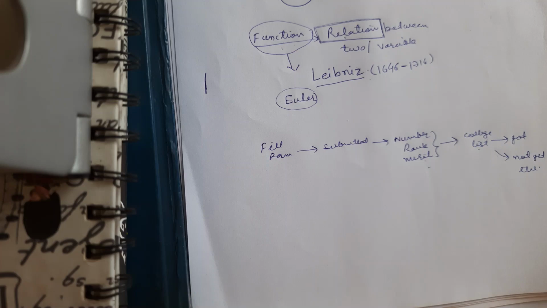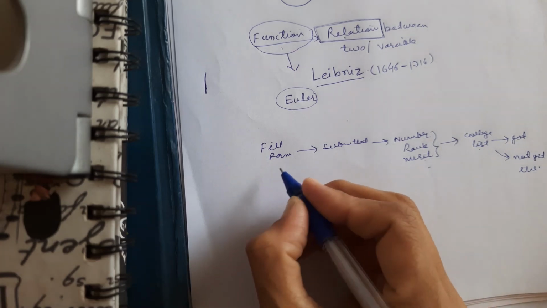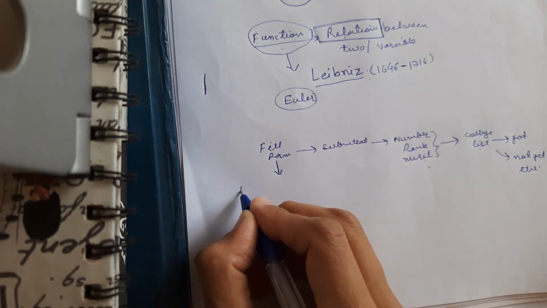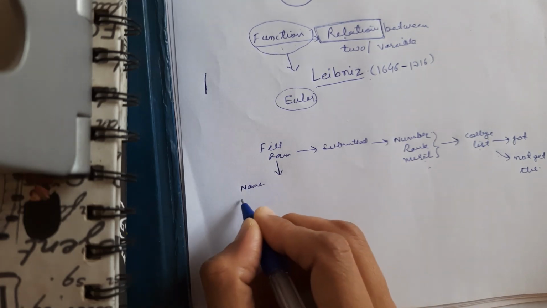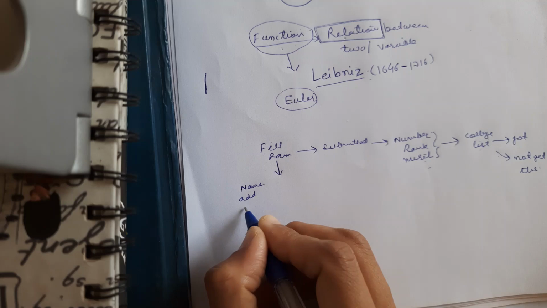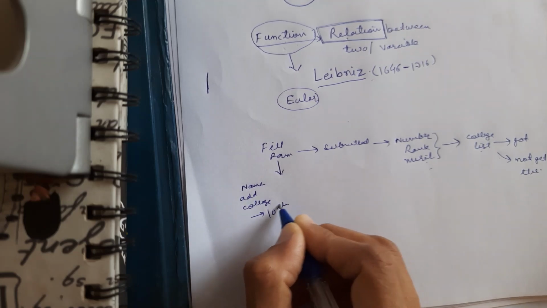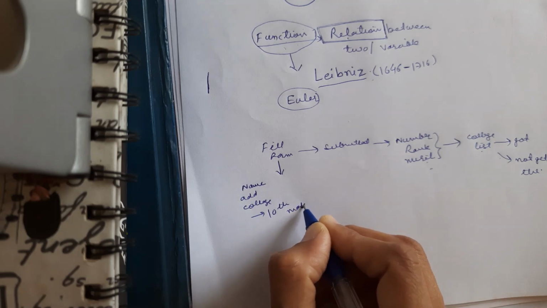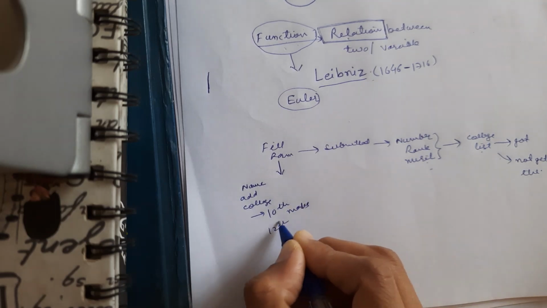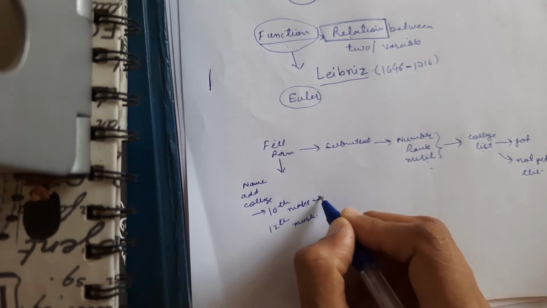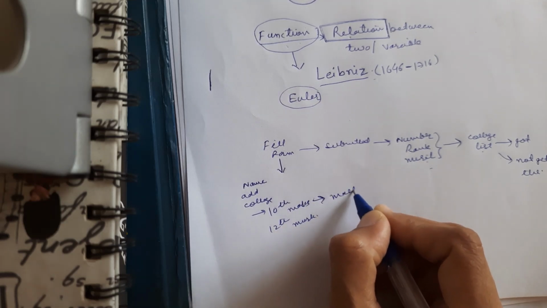Okay, so in this form filling, you just fill in your information. For example, your name, your address, your college, then your 10th marks, then your 12th marks if you have, right? Then in your 10th marks you fill in your maths marks.